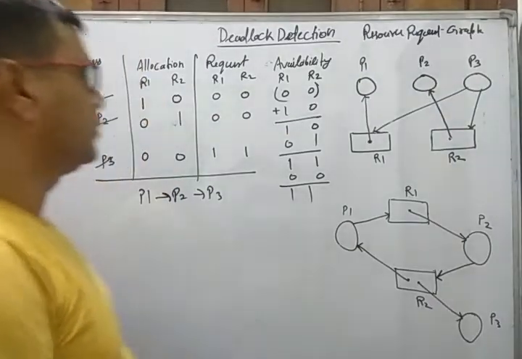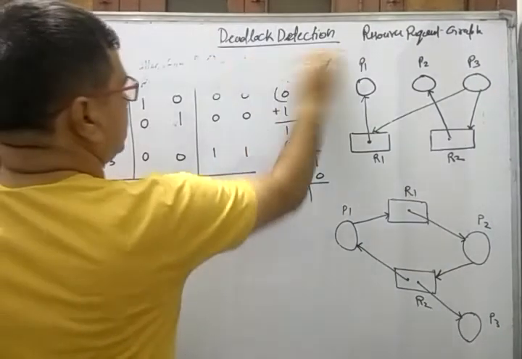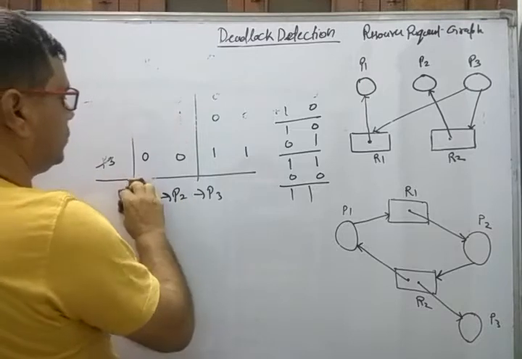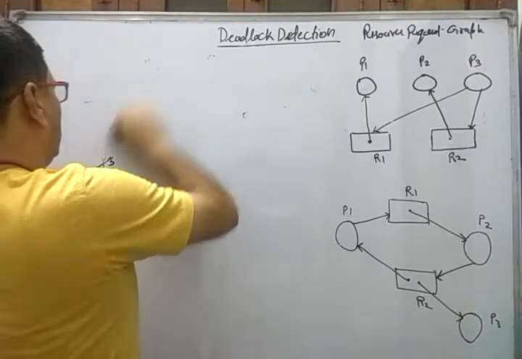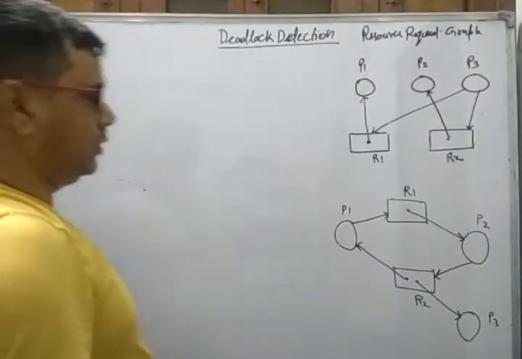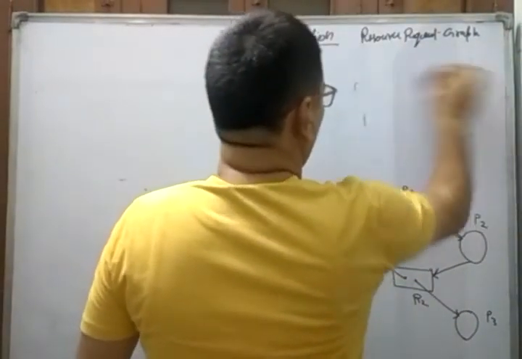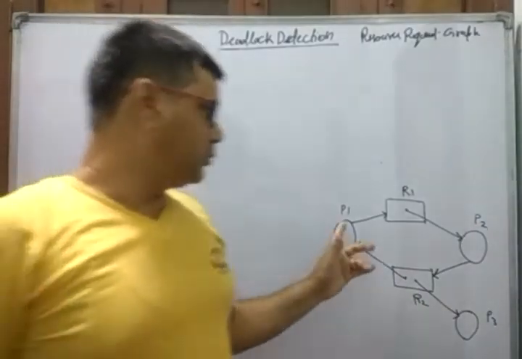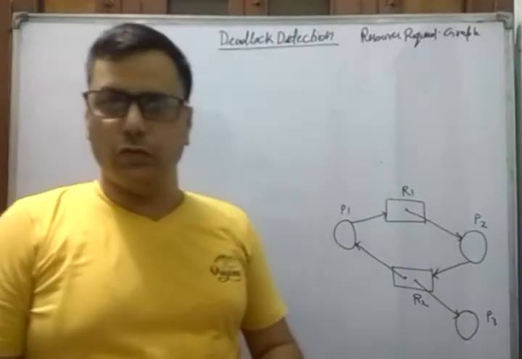Now, look at the second resource allocation graph. When we observe it, process P1 is requesting resource R1, but R1 is assigned to process P2.